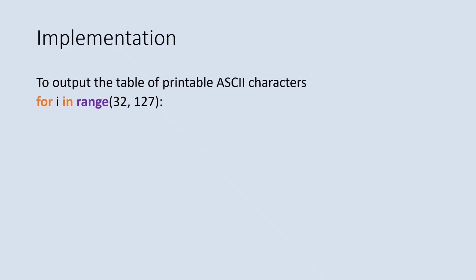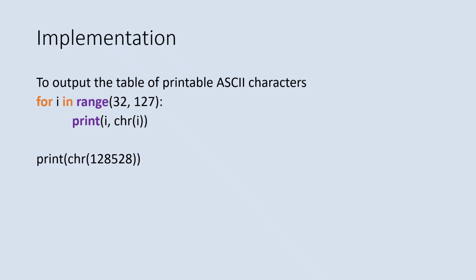So we're going to get the printable characters. We could print I and then print the character associated with I. This would give us a table of values. It's not laid out nicely, we're not doing any kind of formatting, but you can see the number and the character side by side.